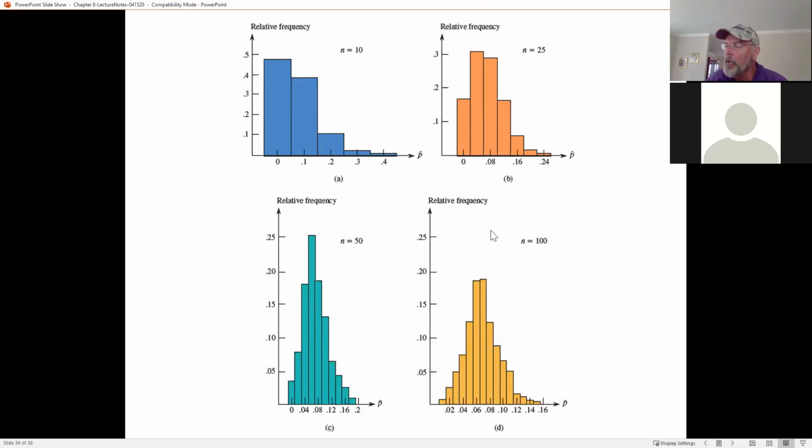And by 100, we again start to think about the scale here. It's very, very narrow. It goes from 0.02 to 0.6. And inside that interval, we can see that 0.07 is at the center with a sample size of 100. And it's very symmetrical.